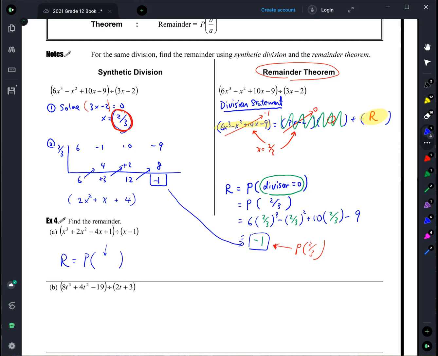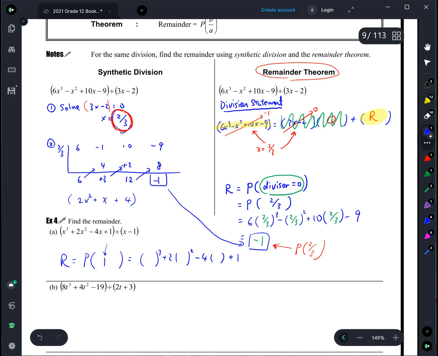Yeah, you just need to sub in 1. Okay, and then you can find it. All right, so you plug it in. And then what you get is the remainder.